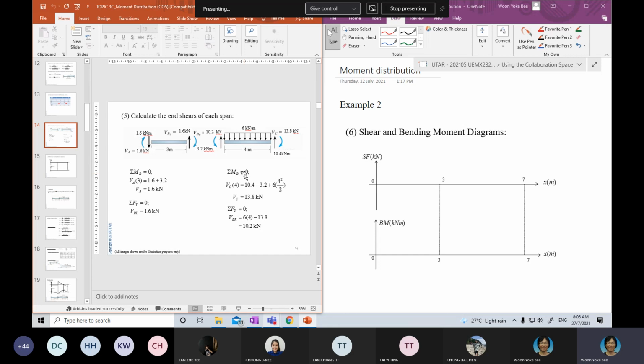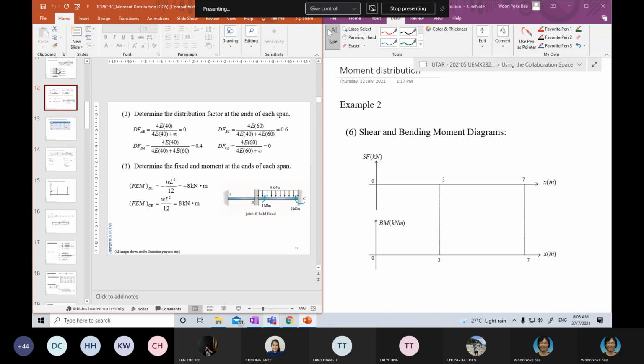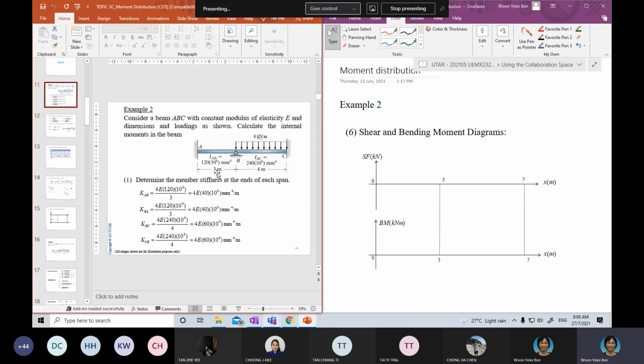So remember last week we went through this example 2 where you had a 2-span beam, right, fixed at A and fixed at B. So what you have here is you use the moment distribution where you determine the member stiffness at every end of the span.